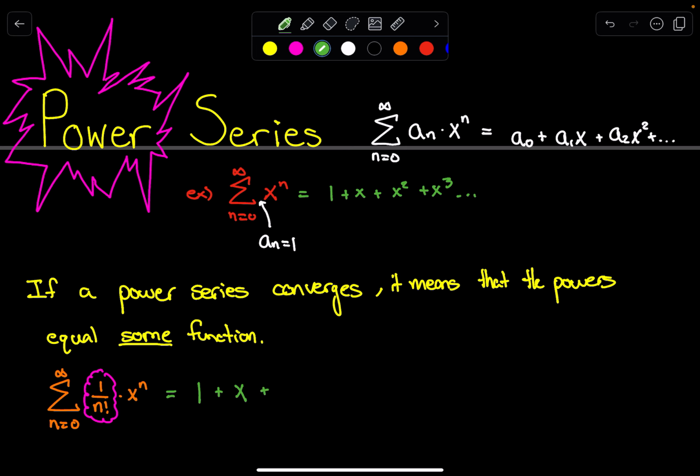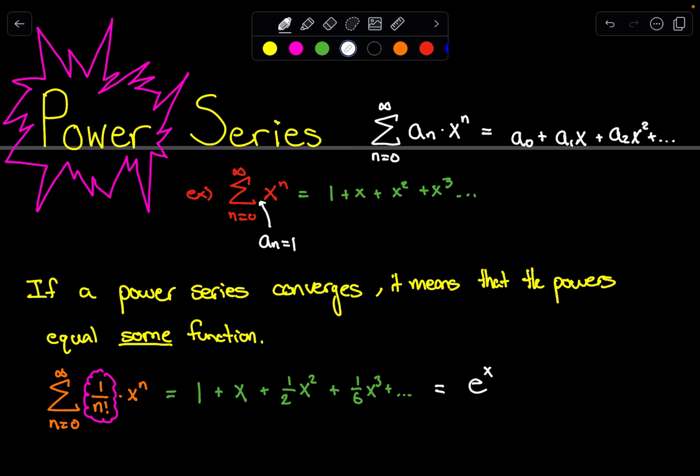Then I get 1 over 2 factorial, which is just 1/2 times x squared, and then 1 over 3 factorial, which is 1/6 x cubed, plus and so on. We haven't shown this so far, but if I keep this pattern going, it turns out this equals the function e to the x.